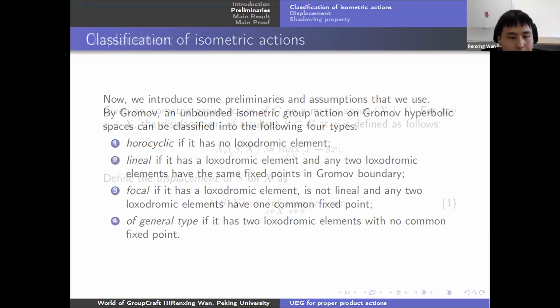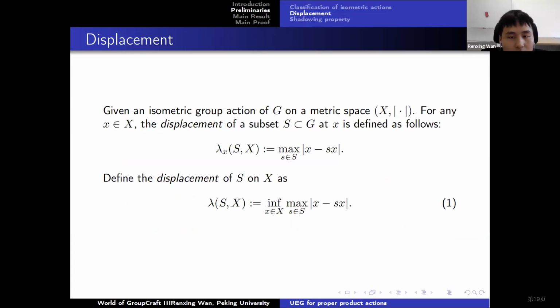Another notation that I want to mention is the displacement. It's defined for a group action. For a subset S of the group G, the displacement of S at some point x is defined to be the maximal translation length of S at x.